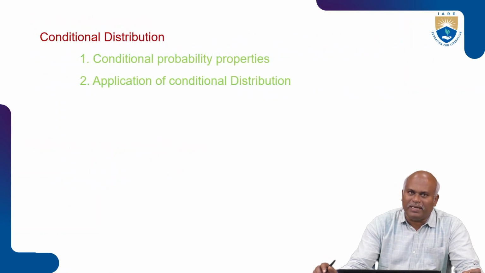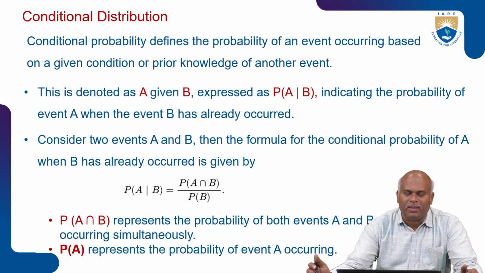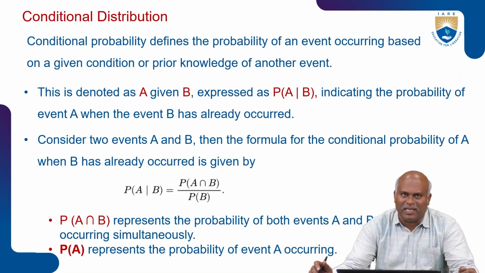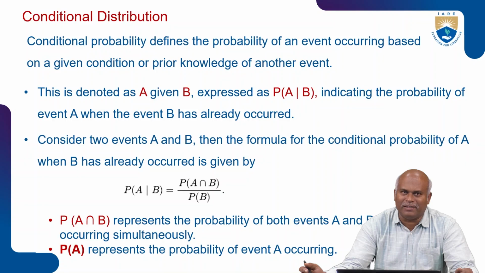Today we discuss the conditional probability, its properties and the applications of conditional distributions. A conditional distribution is represented as a conditional probability: the probability of an event occurring based on a given condition or prior knowledge of another event.